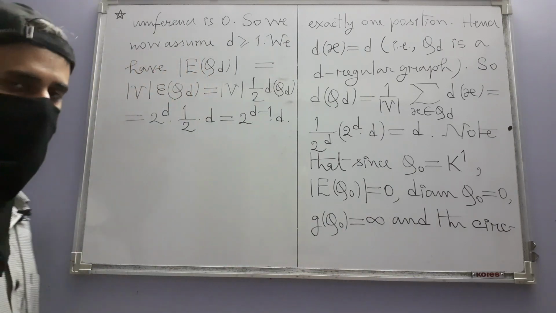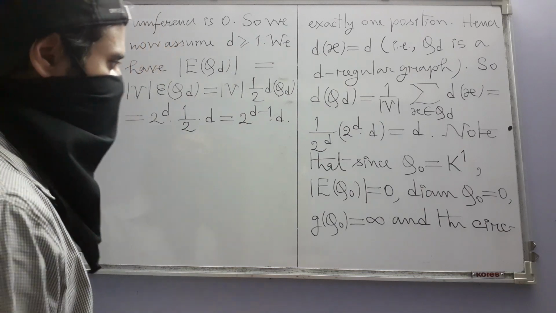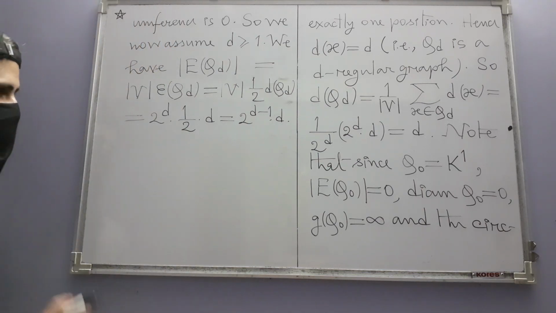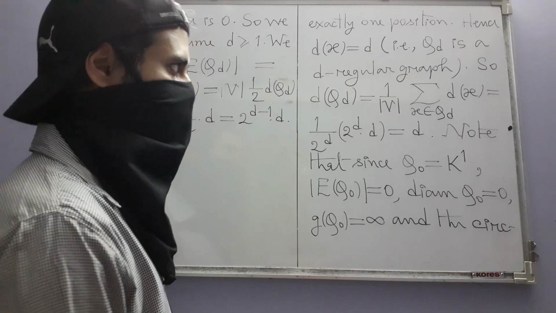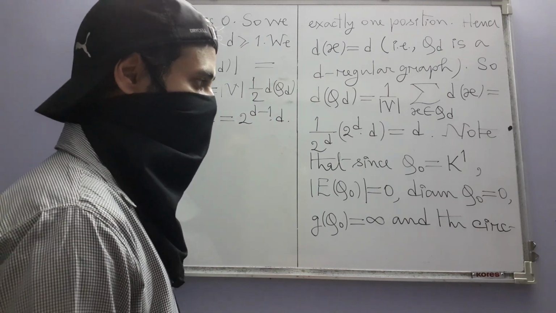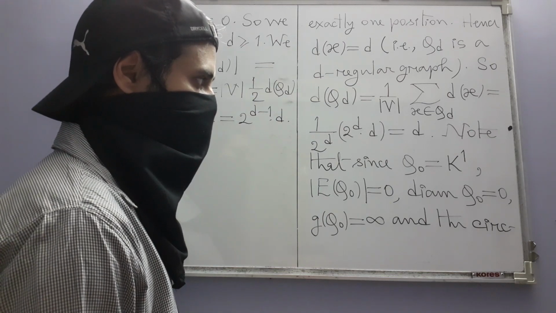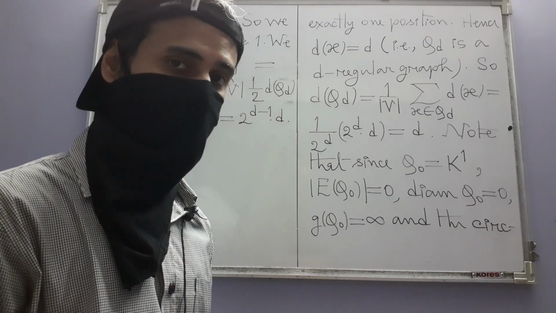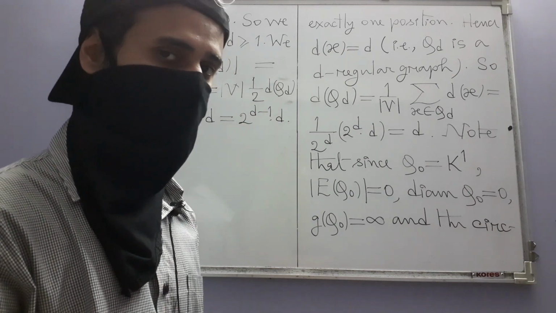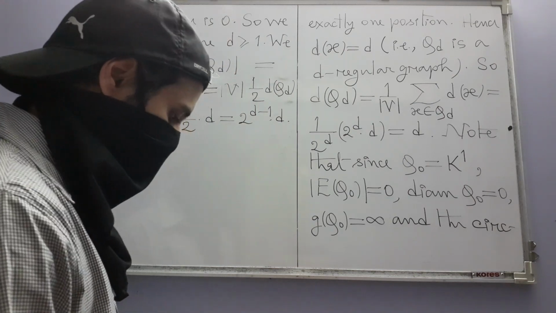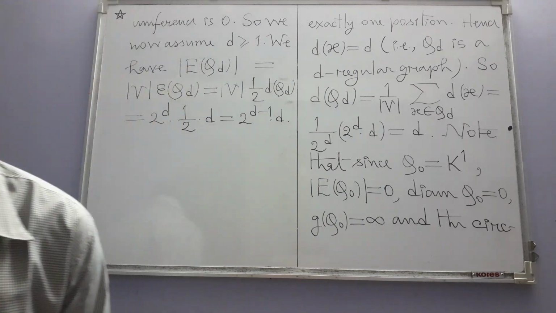Now we want to find the diameter. But before finding the diameter, we have to figure out how to calculate the distance between two vertices in a d-dimensional cube. Let us now draw a figure.